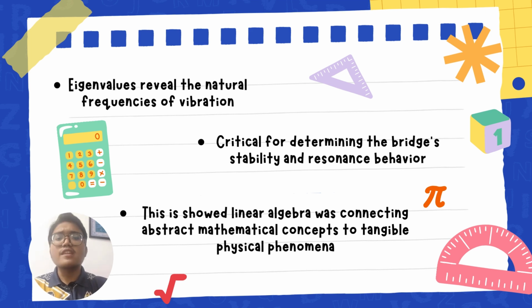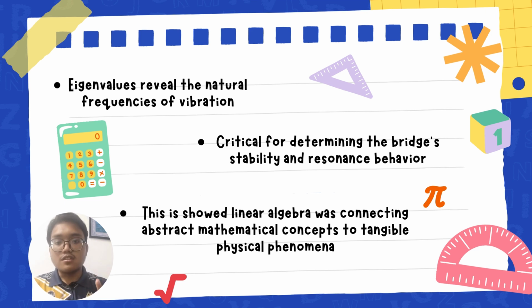Similarly, the corresponding eigenvectors represent the modes of vibrations, describing how the structure deforms under specific frequencies. This relationship highlights the power of linear algebra in connecting abstract mathematical concepts to tangible physical phenomena.